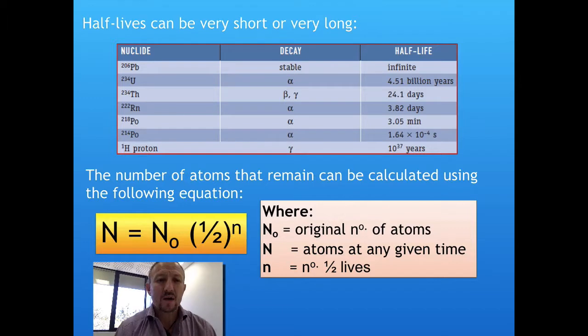Now the algorithm that we use is N equals N0 brackets half to the power n, where N0 is the original number of atoms, N is the atoms at any given time, and the superscript n is the number of half-lives which are generated. Now if you look at other videos in the course, they will run through similar equations.